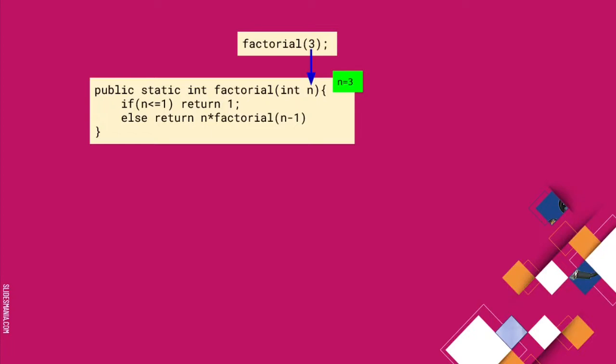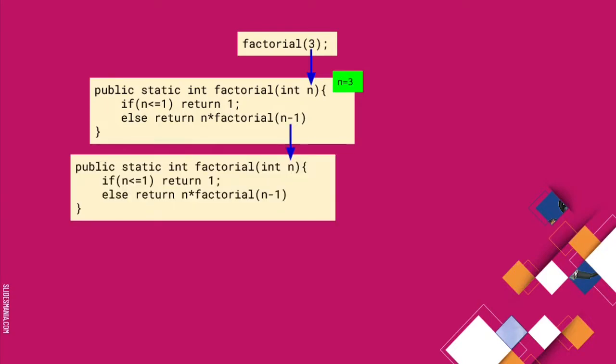Since this is a call to that same function, it is first going to be executed. So it is going to have another version of the factorial call, but this time the value of n is n minus 1. So in this second call, the n is 2.